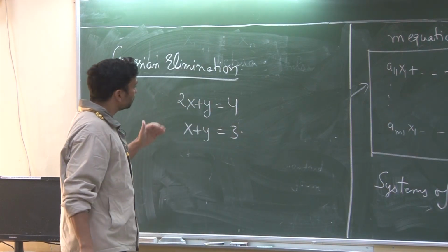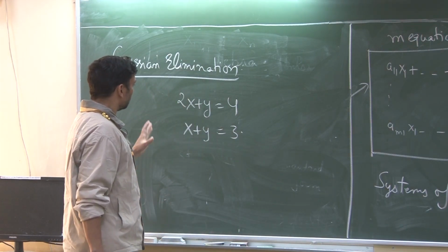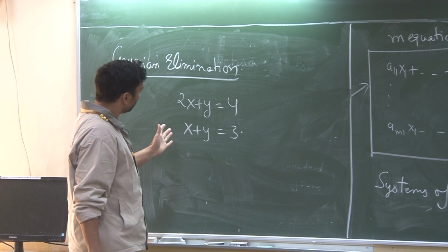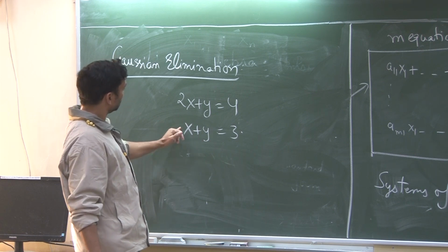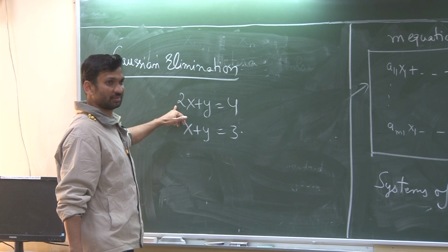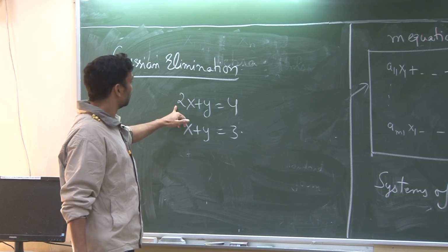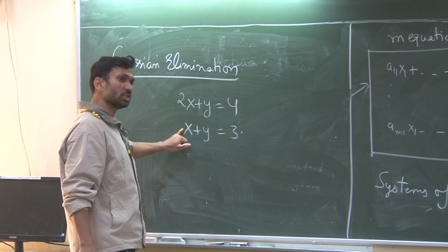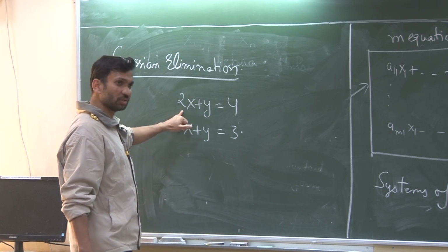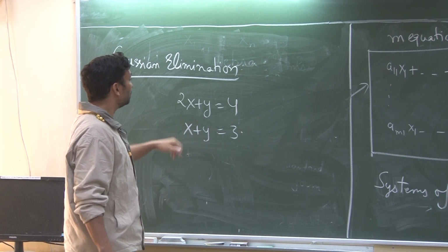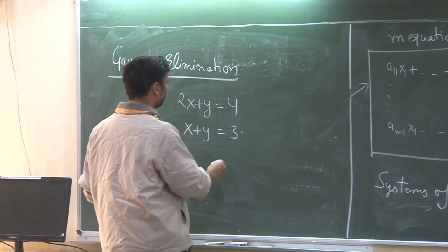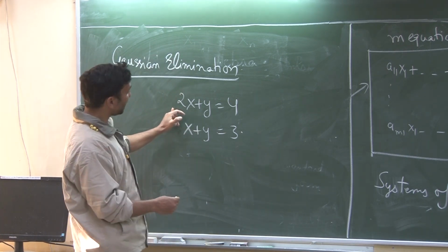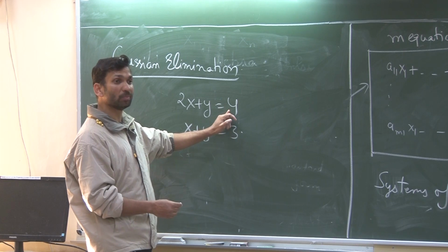If we wanted to solve this bunch of equations, a very natural way to look at this is to say, oh, there is an extra x here. So what I can do is subtract this equation from this equation. This will tell me that adding one extra x gives me one more.